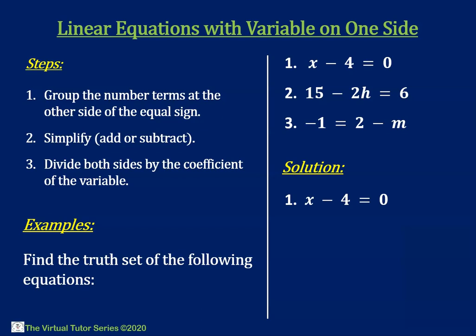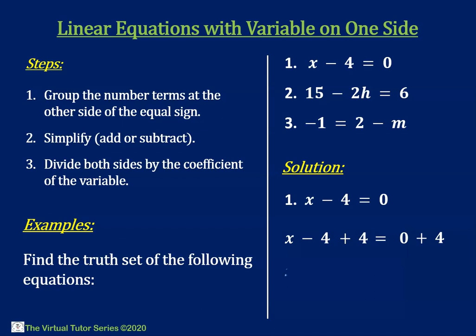We can do this by adding 4 to both sides. So on the left-hand side, we have x minus 4 plus 4. And on the right-hand side, we have 0 plus 4. -4 gets rid of 4.